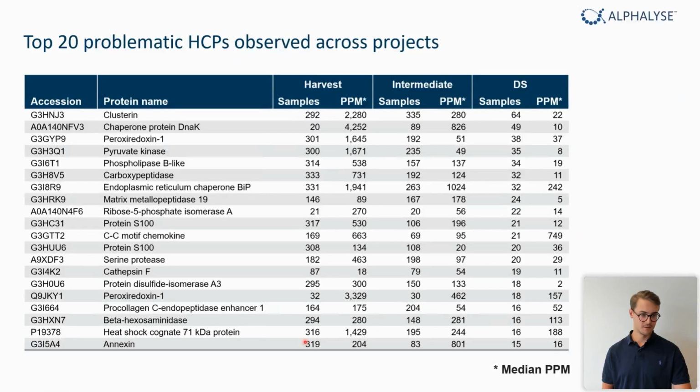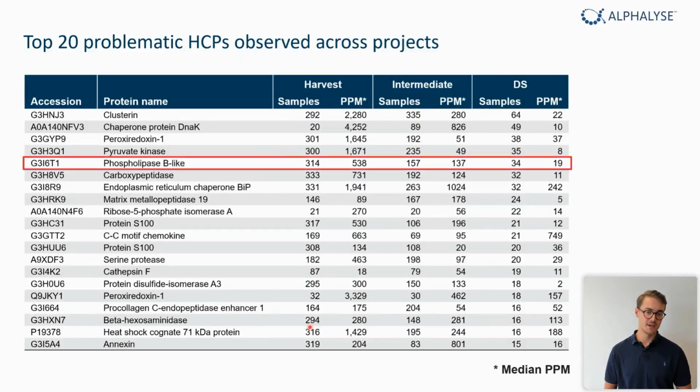And one general thing we've actually used this for was that we had a client who had found some PLB2 in their DS final sample at a level of 70 ppm, and they approached us and asked, how is this level compared to what you would generally expect, and what else you've seen?